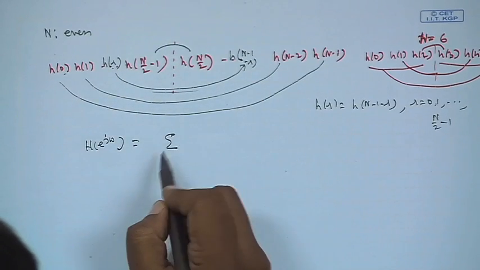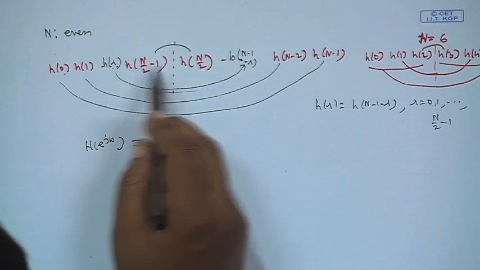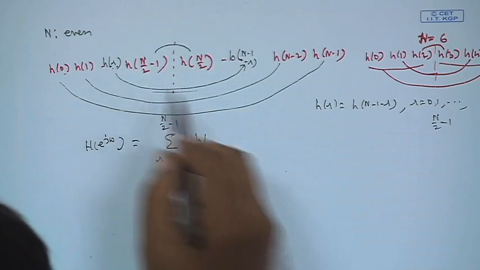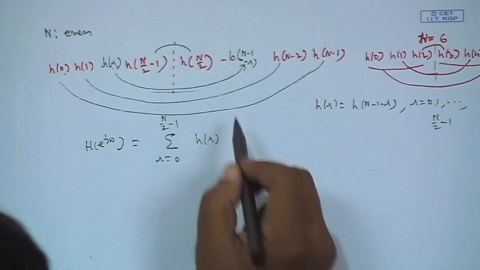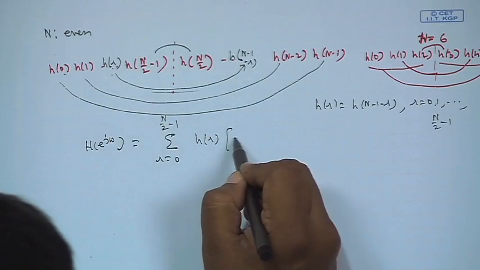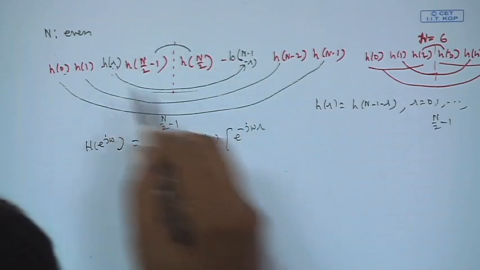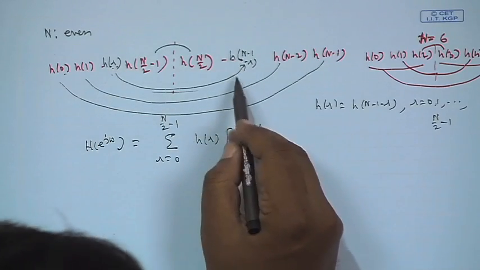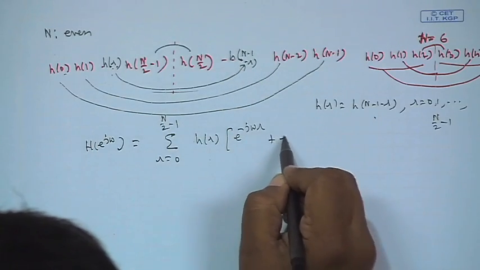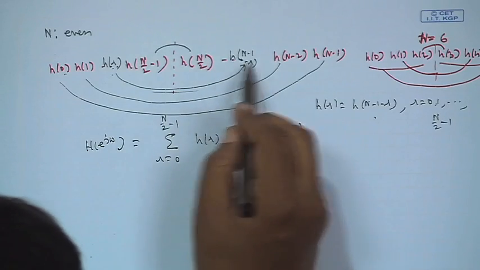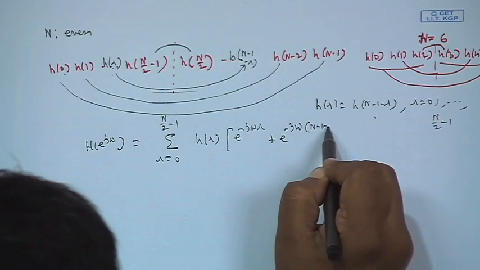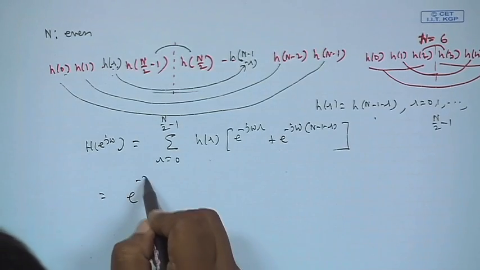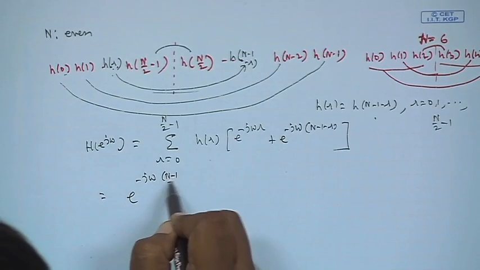That means the DTFT will be a sum over r starting from 0 up to n by 2 minus 1, the typical rth case H r e to the power minus j omega r, and again H r, that is H n minus 1 minus r, which is the same as H r under this condition, with e to the power minus j omega into this index. And as before, I take out e to the power minus j omega n minus 1 by 2.